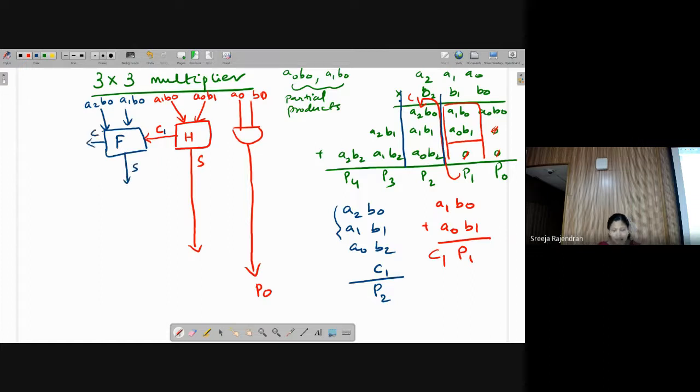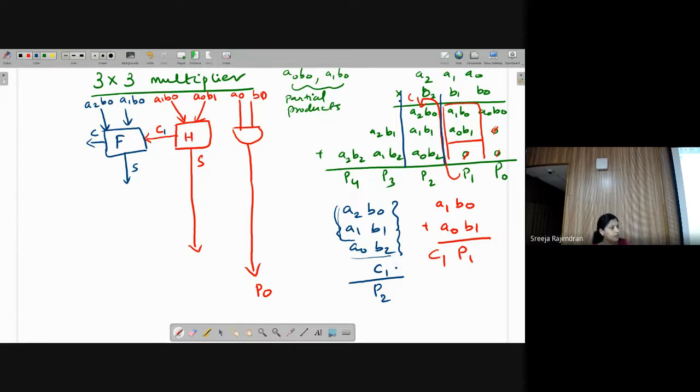Now, I am not going for this design. Why I am not going for this design is because, is it significant whether I add carry with these two or whether I add carry with this one? Anyway, I will have two stages of addition here. Because even if it is three, if I add these three, I have to have one more stage of addition, right?